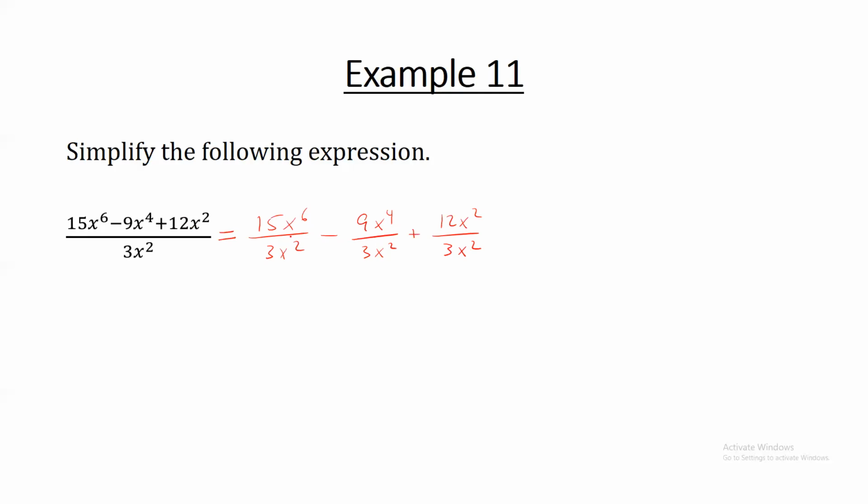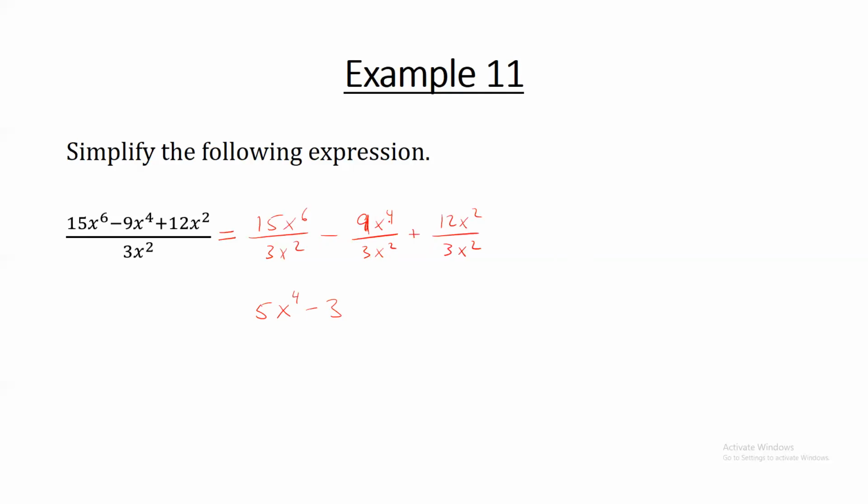And now we will just simplify each expression. 15 divided by 3 is 5. And x to the 6th over x squared. Remember, we subtract the exponents. 6 minus 2 is 4, so that's x to the 4th minus, well, 9 divided by 3 is 3.